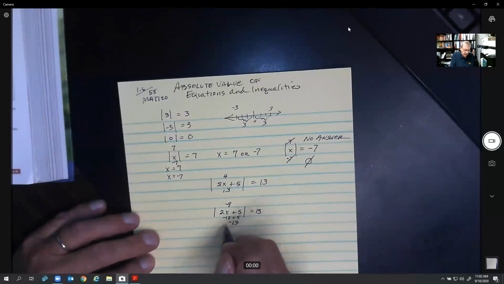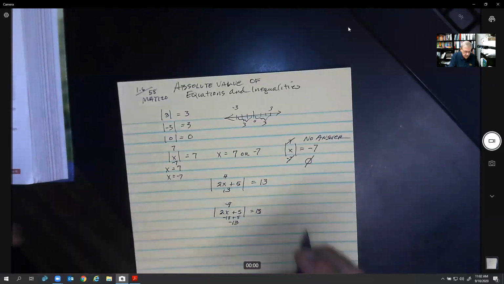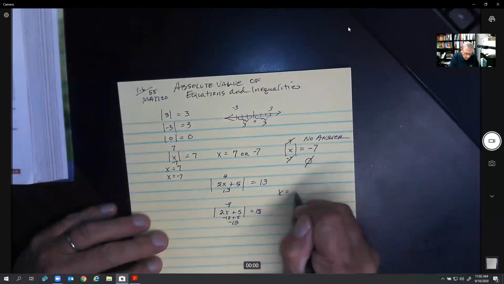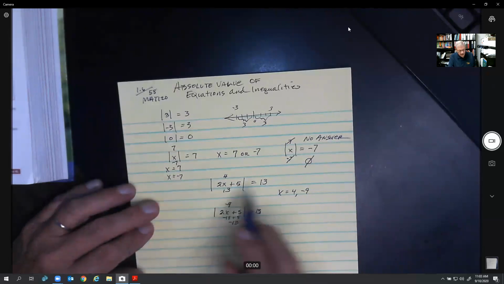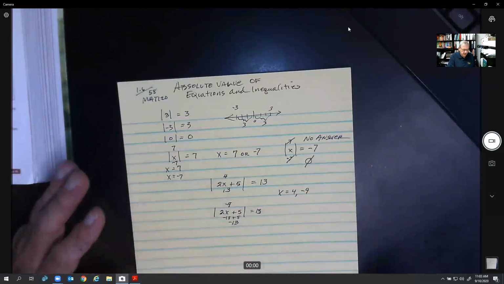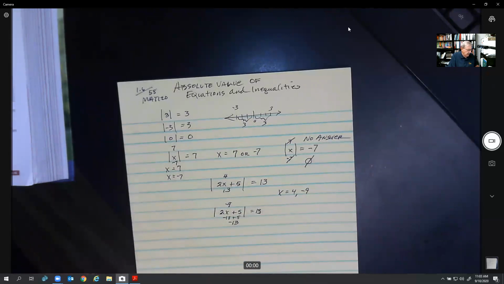And the absolute value of -13 is 13. So we get two answers. x could be 4 and x could be -9. Kind of tricky. Well, is there an easier way to do this? Because who wants to rack their brain trying to figure out a problem like this?